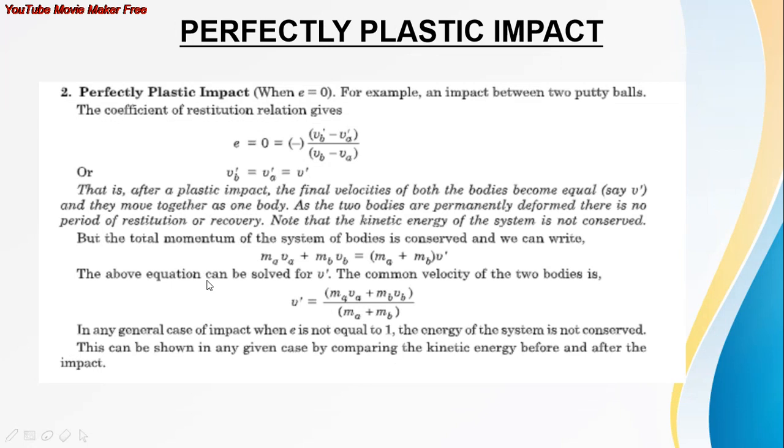The other case is perfectly plastic impact, that is when E equals 0. When we put this in this formula, we get VB dash equal to VA dash equal to V dash. That is, when there is a plastic impact, the final velocity of both the bodies would be equal. So this is one thing we get in perfectly plastic impact.